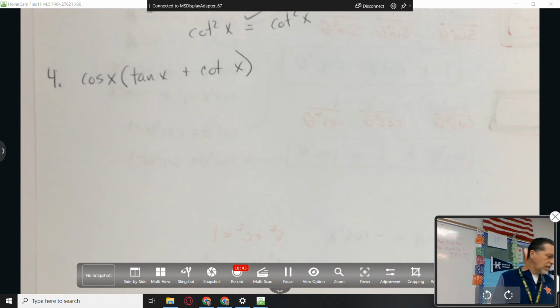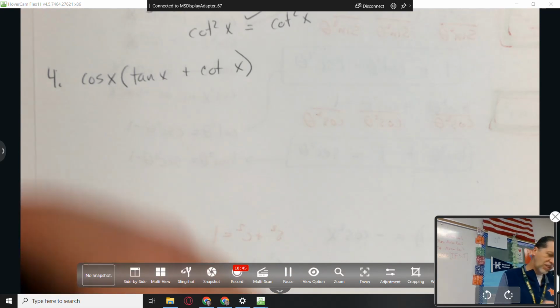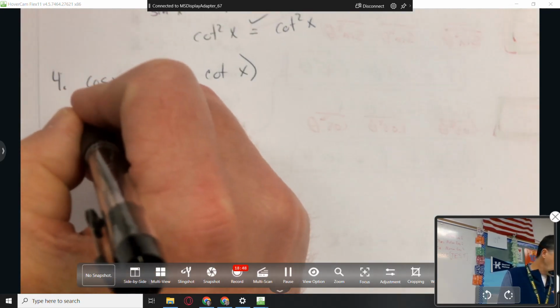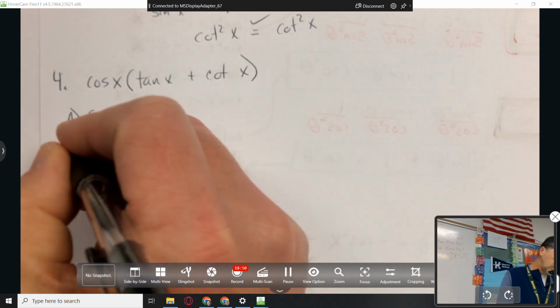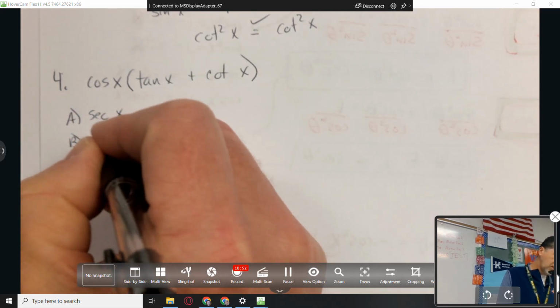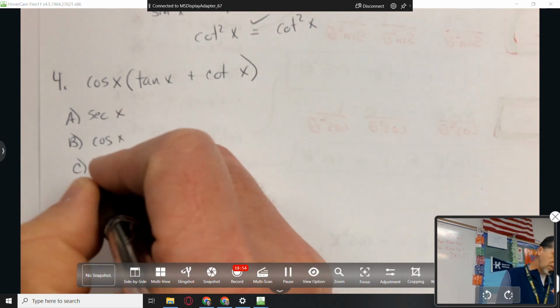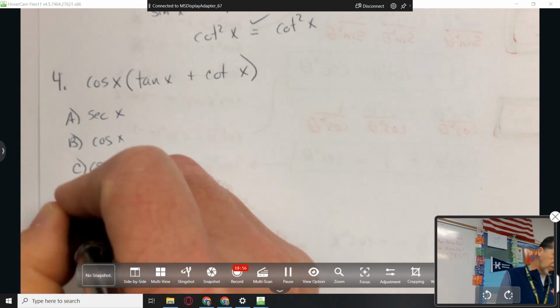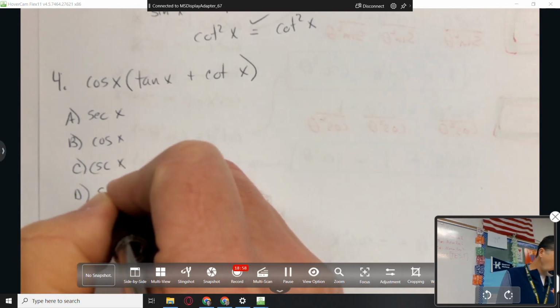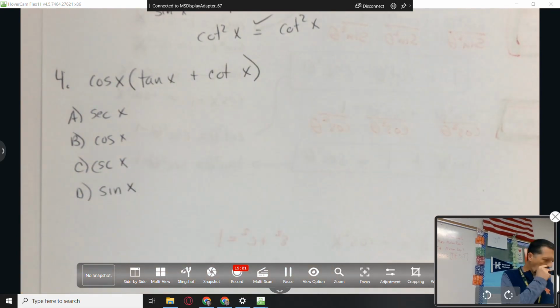Cosine x times tangent x plus cotangent x equals either secant or cosine or cosecant or sine. That one's not at all obvious to me which one the answer is.